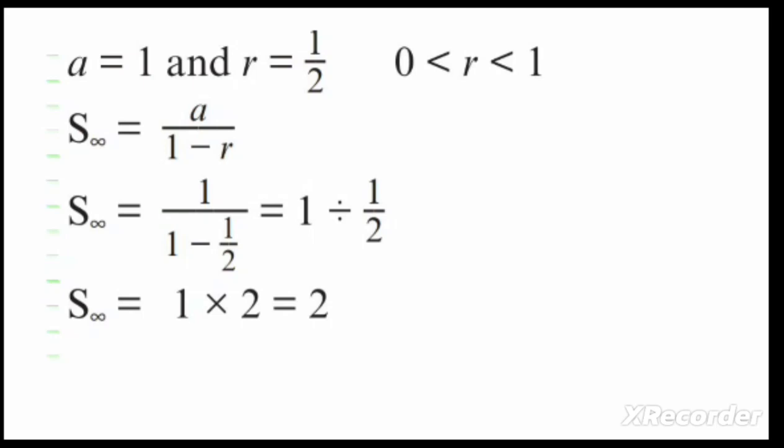And then always write this thing on the side to say the ratio is more than 0, but it is also less than 1, right? As you can see, this ratio here is more than 0, but it is less than 1. And then for a you substitute 1, for r you substitute 1 over 2. If you put that on a calculator, you're going to get 2. So the sum of infinity is going to be 2.